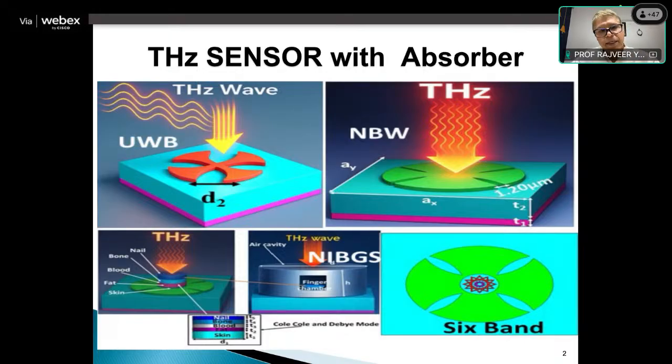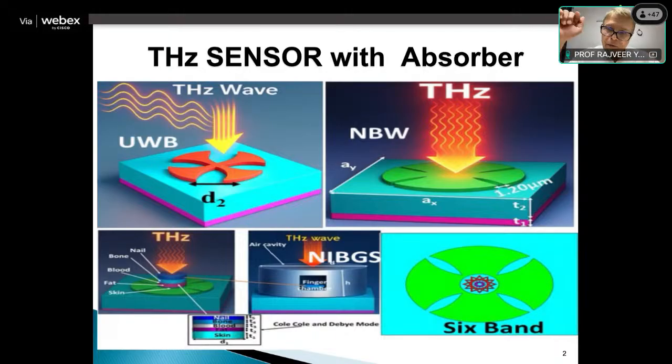And L, the third parameter, spells out the path length. We will see in detail how these all combine, and in total we will be able to get the absorption. And based on that absorption, we calibrate the blood sugar level, and we will be able to know this sugar level on a real-time basis.